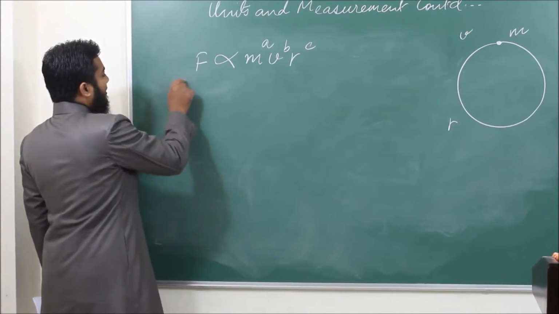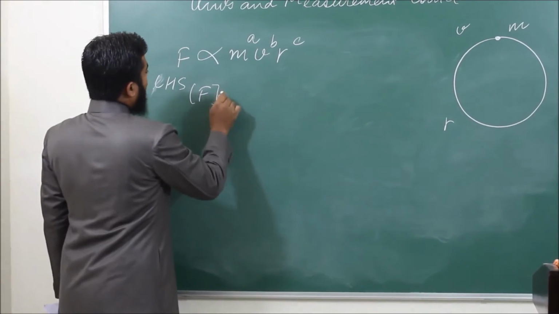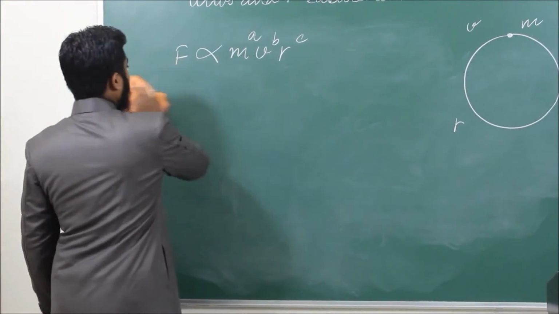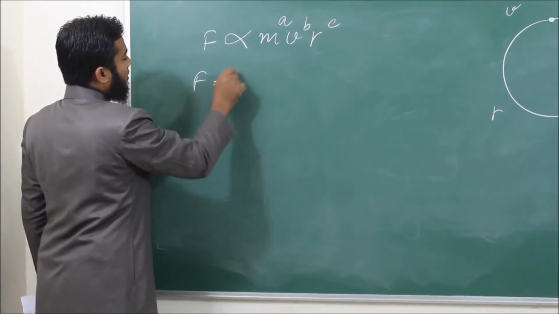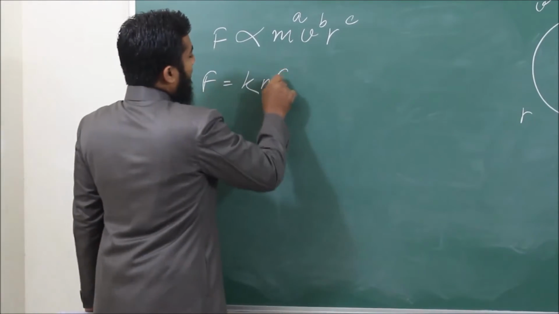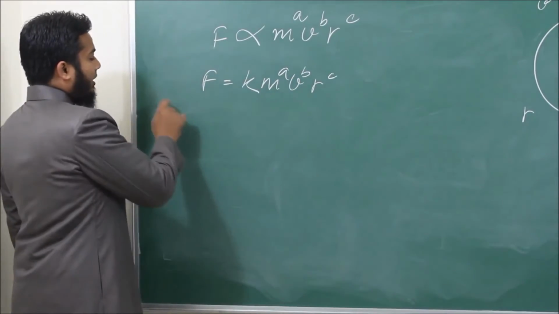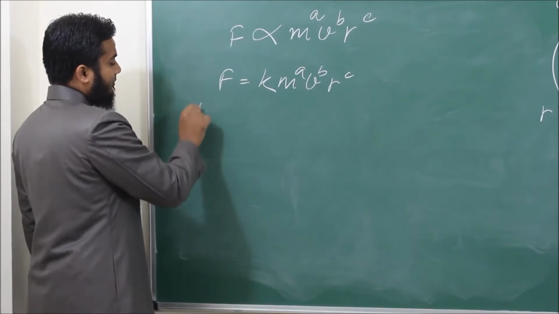On left hand side we have force, and a proportionality constant will also appear here. So let's say the proportionality constant is k, and then m raised to the power a, v raised to the power b, and r raised to the power c. Now write the dimensional formula for left hand side and right hand side.